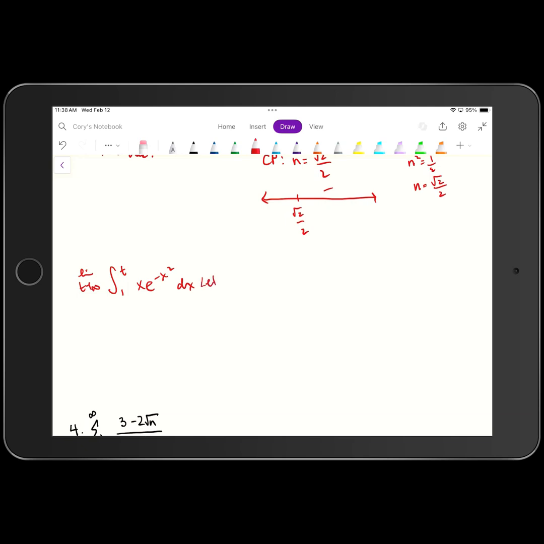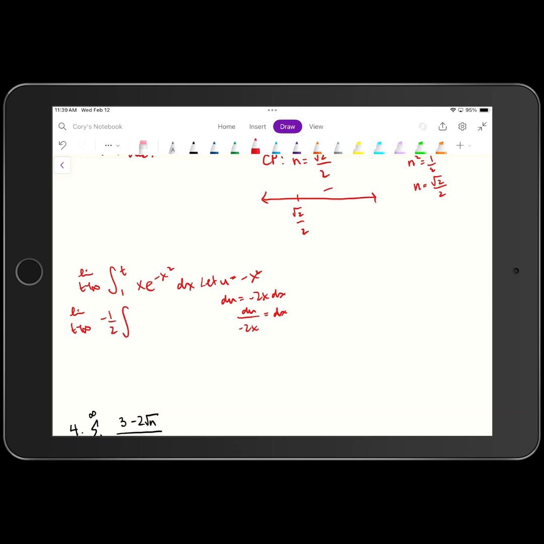I'm going to do a u substitution where I let u equal negative x squared, which makes du equal to negative 2x dx, and dx equal to du over negative 2x. So this is going to become the limit as t goes to infinity. I can pull negative 1/2 out front.